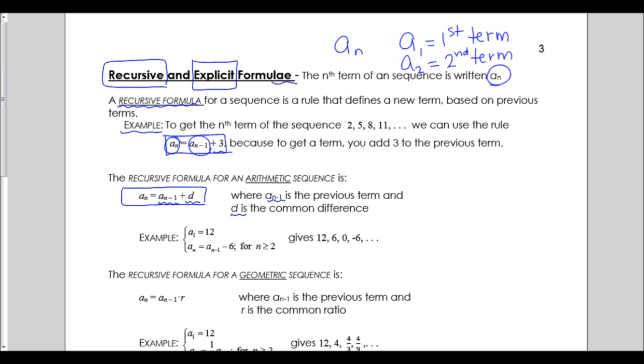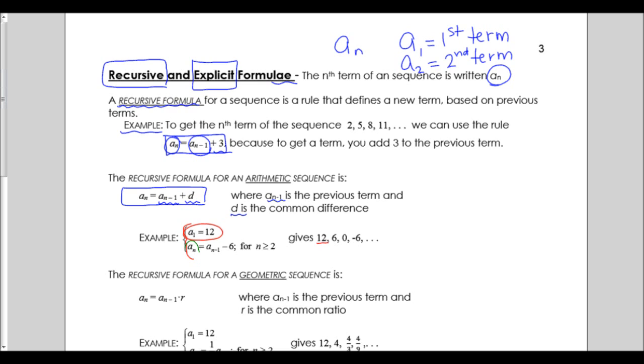Now, we have to watch out with the recursive formula, because if I'm just telling you add the same number every time, you won't know where to start. So in our example right here, they give two pieces to the formula. The first piece is that a sub 1 equals 12. So if I were going to write out this formula, I'd start out with 12 as my first term. That's real important because I need to know how to get the next term.